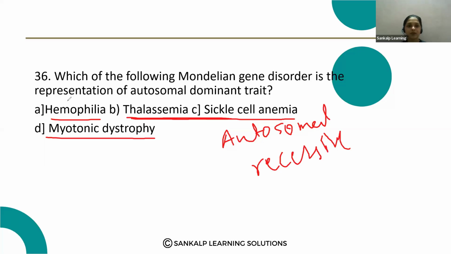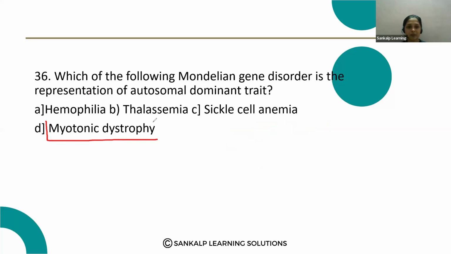But hemophilia and color blindness are sex-linked recessive disorders. But here the correct answer is myotonic dystrophy. Option D is the correct answer.